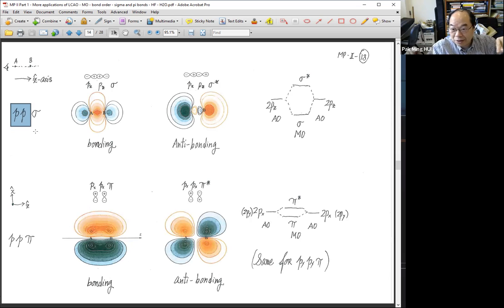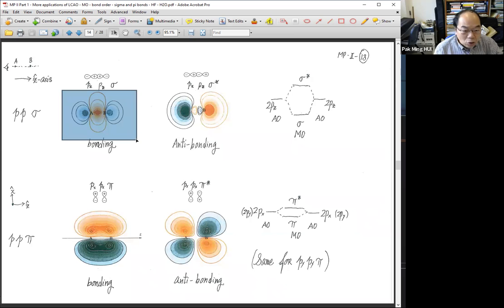Of course, it is not hydrogen anymore. Okay. And then if the plus loop and plus loop meet and add them together, the density or contour plot will look something like this.